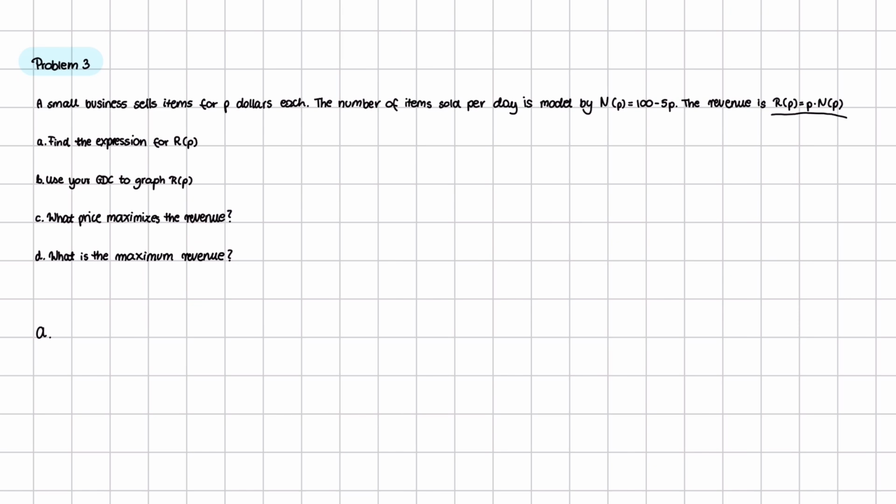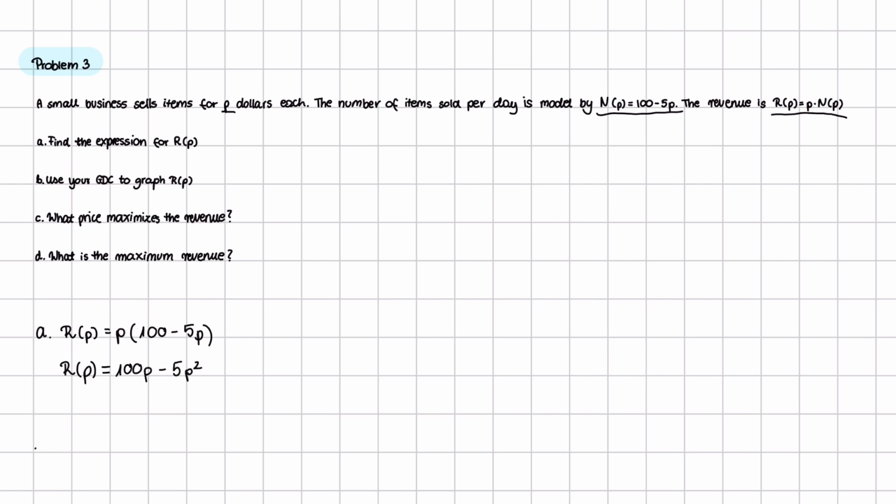So R of P is P, because this is our $P each, and we can substitute our n, so 100 minus 5p, and now we can simplify it. So P times 100, so 100p minus 5p squared. And this is our expression for R.